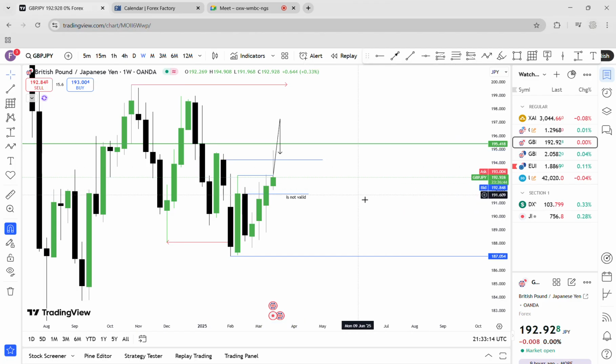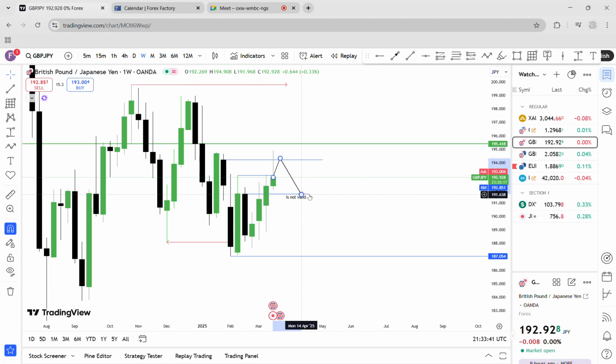Yes, because it actually broke structure if it goes past that point. Exactly. Now this is valid more than this, because it is the first line of defense, the first point of interest we will get to. But now, if we just close above this area with the body above this area, then this is valid for me.